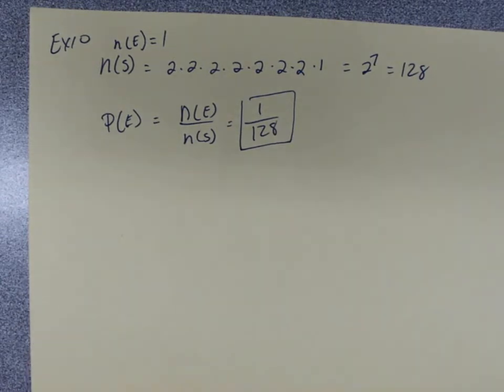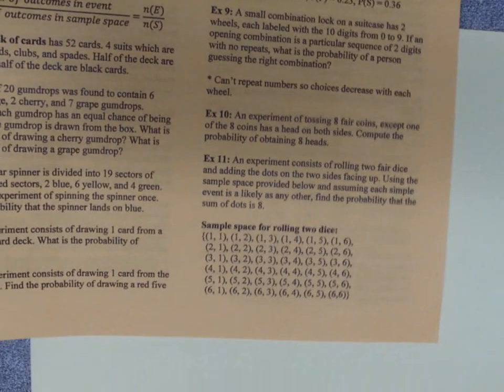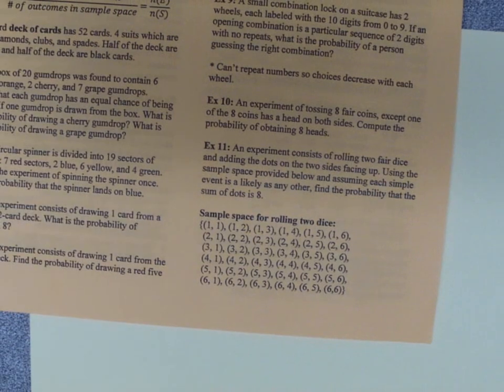All right, number 11, we're going to roll some dice. An experiment consists of rolling 2 fair dice and adding the dots on the 2 sides facing up. Using the sample space provided below and assuming each simple event is as likely as any other, find the probability that the sum of dots is 8.